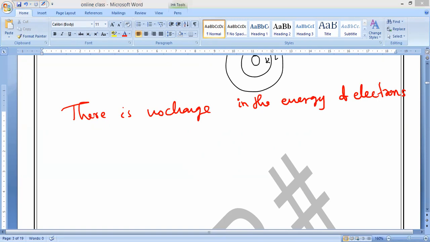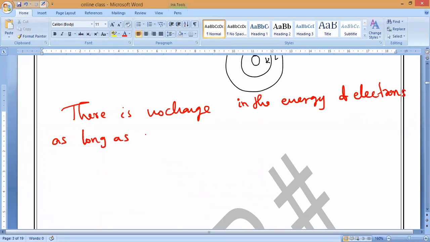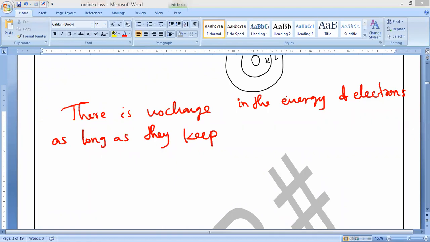revolving in the same orbit or different orbit? Please respond. Same orbit.